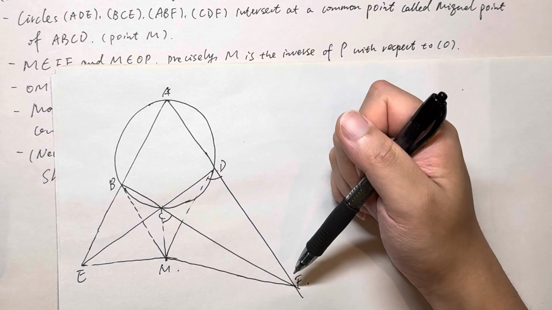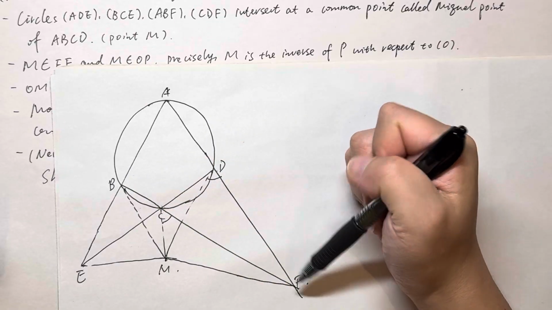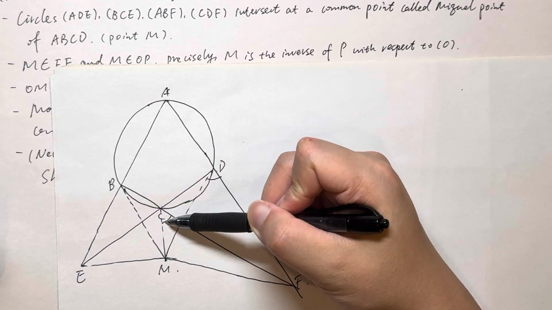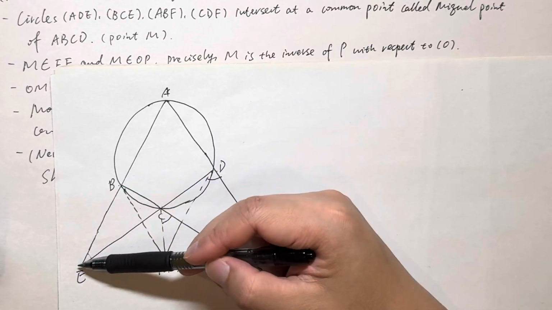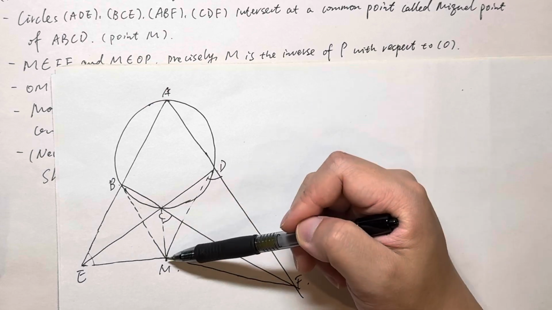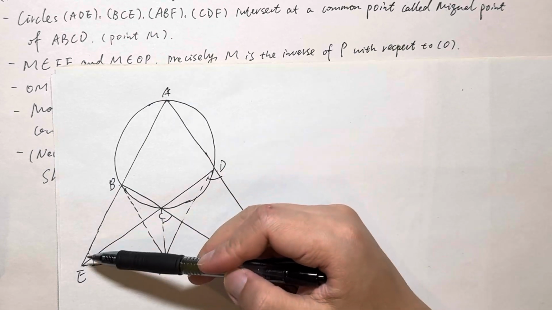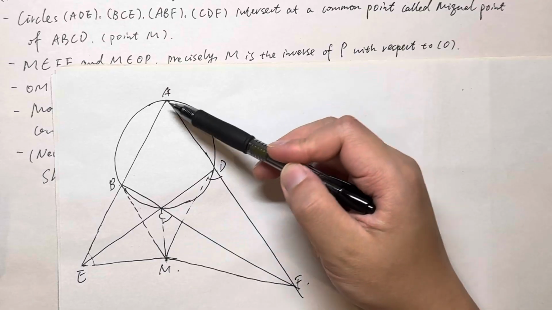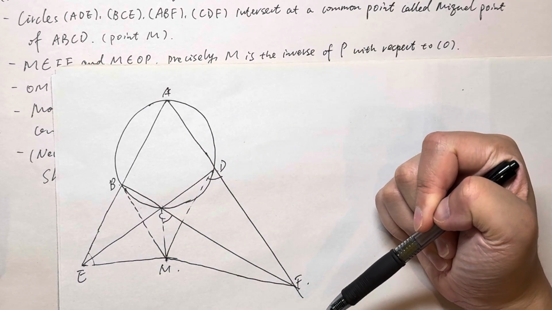And we already know that B, C, F are collinear, so this angle equals this angle because BEMC are cyclic, which means the angle MDF equals the angle AEM, which means AEMD are cyclic.